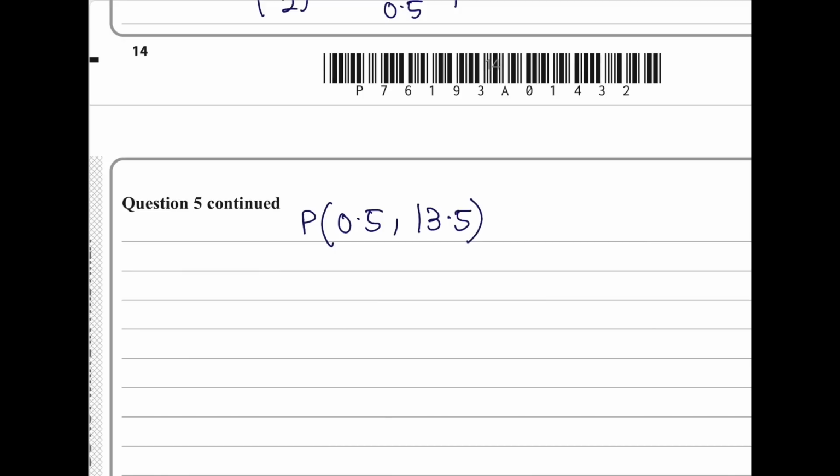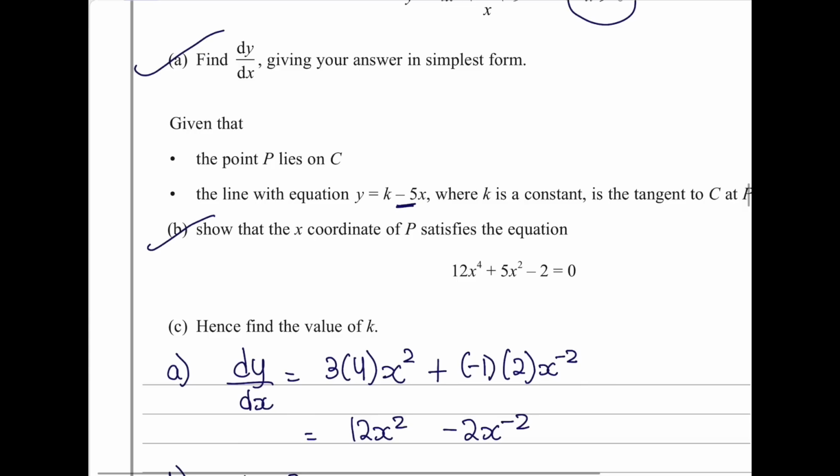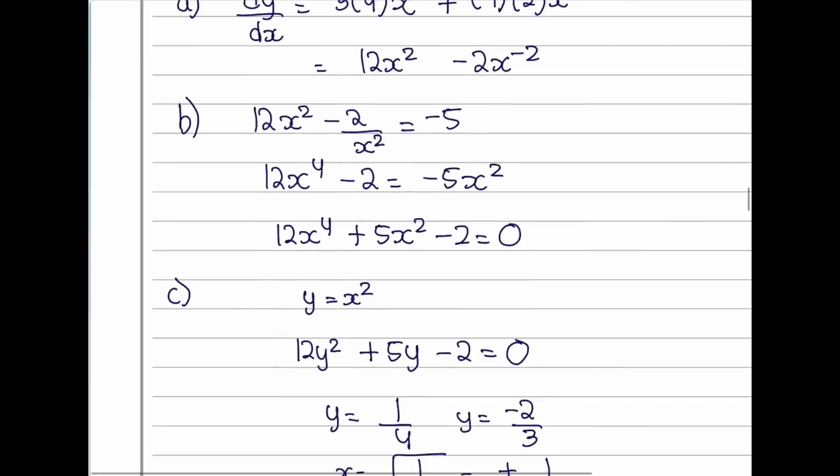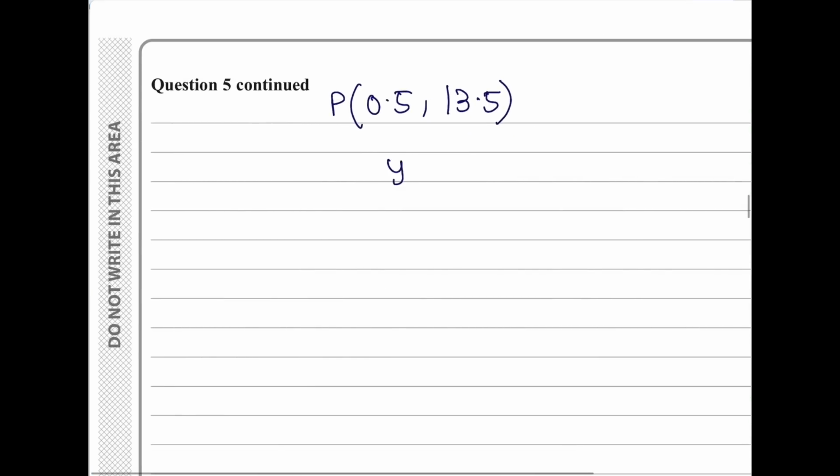Last thing to do, I know that if I use this equation, y is k minus 5x, 13.5 should equal k minus 5 into 0.5. So the k value would be 13.5 plus 5 into 0.5, which is 16.